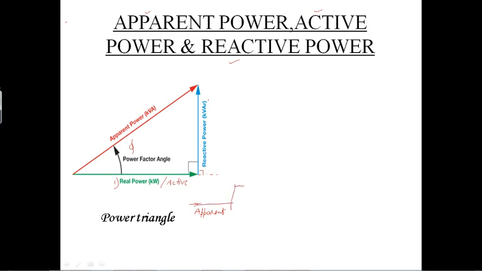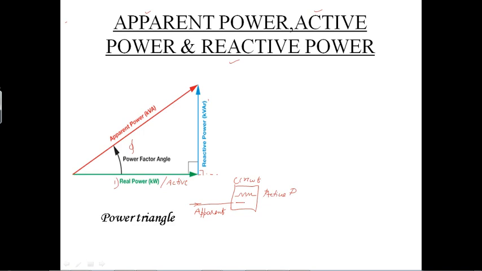Then, if the circuit consists only of resistive elements, the entire apparent power is being utilized by the resistance and the whole power will be positive. In this case, the reactive component will be equal to 0. So only the active power component exists in a purely resistive circuit.